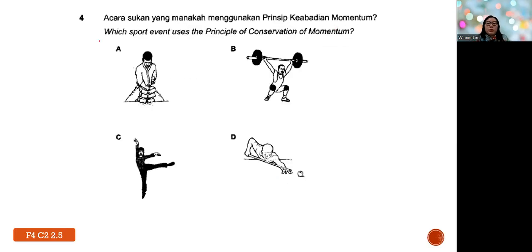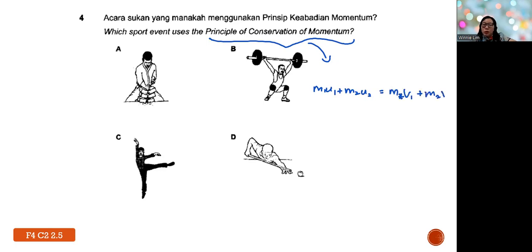Question 4. Which sport event uses the principle of conservation of momentum? So of course, what is the concept of the principle of conservation of momentum? It states that the total momentum before collision, m1 u1 plus m2 u2, is equal to the total momentum after collision, m1 v1 plus m2 v2.